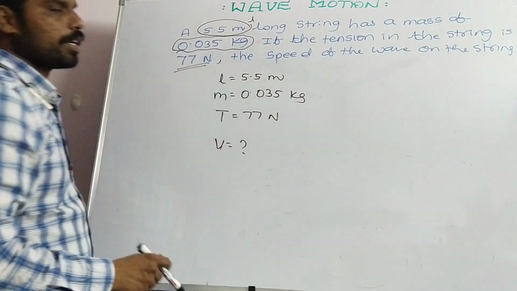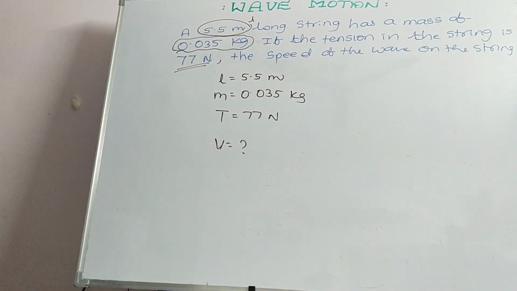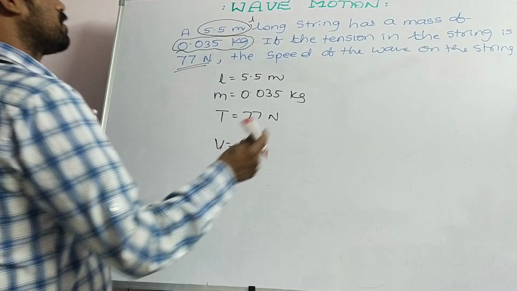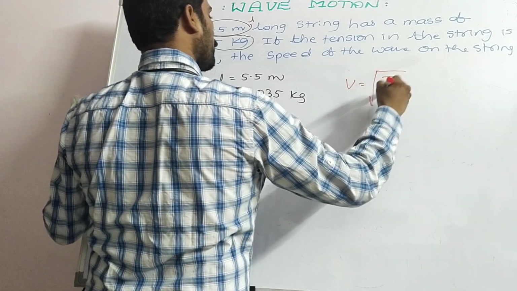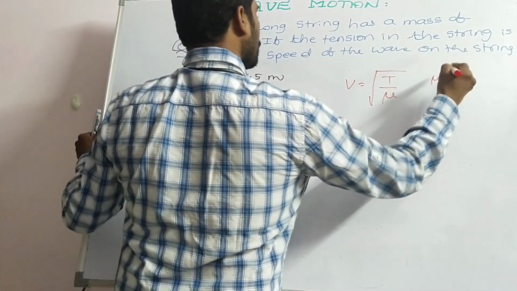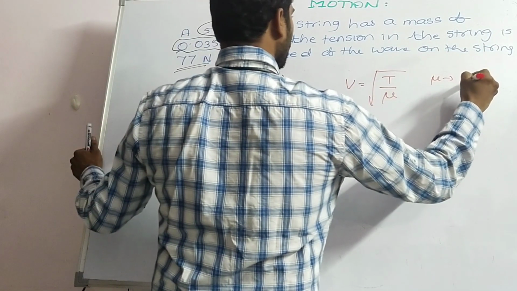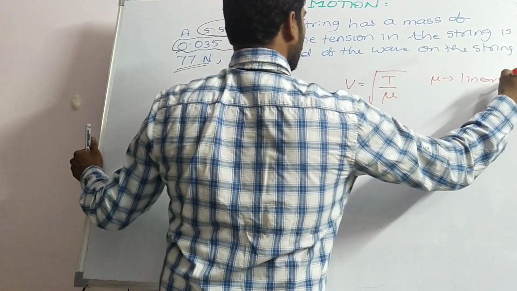We have to find speed. So in general, we know that speed of wave in strings V is equal to root of T by mu, where mu is linear density.